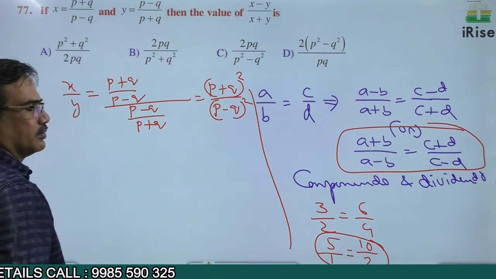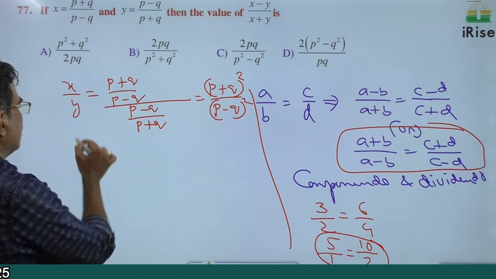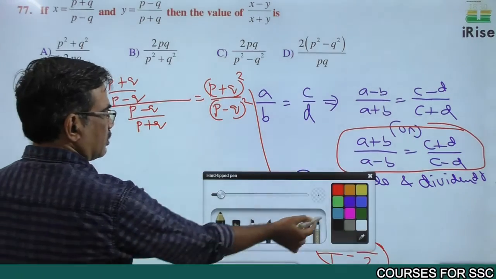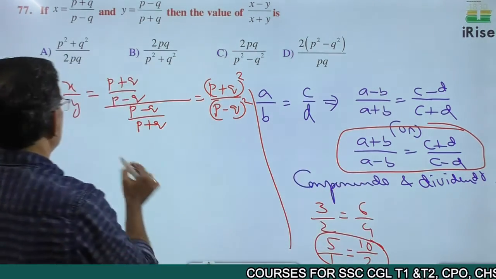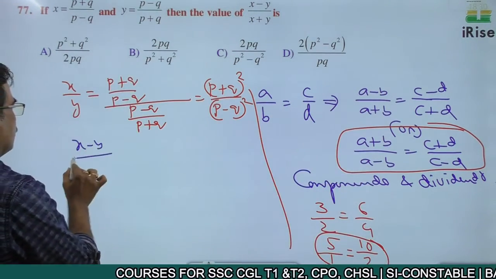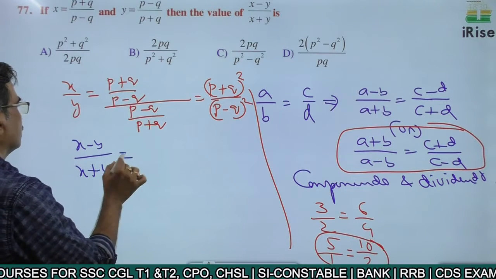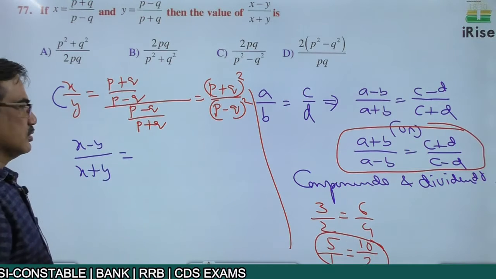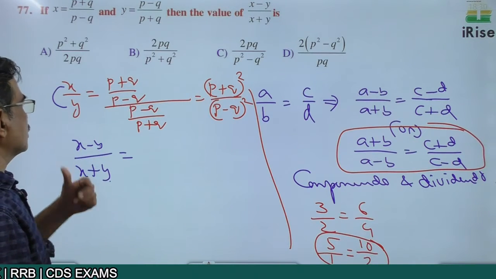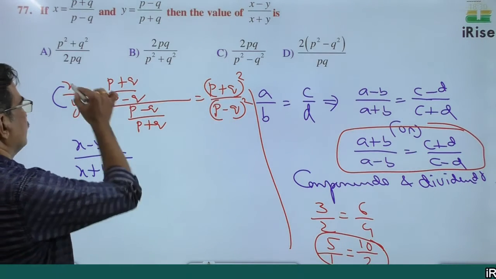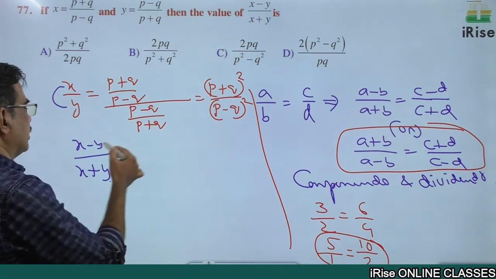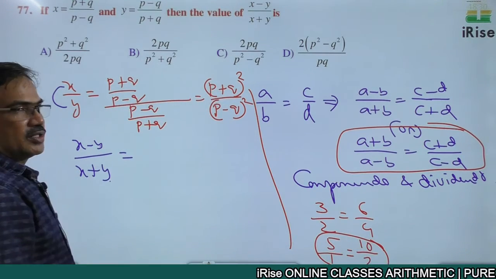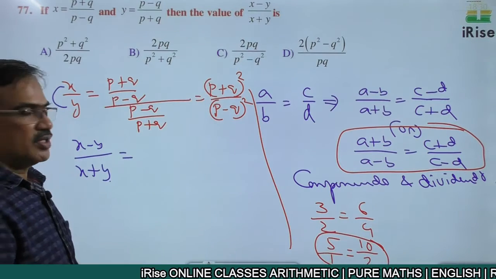This is x by y. If x by y is equal to this one, then what is (x minus y) by (x plus y)? This minus this by this plus this. First x minus y, next x plus y. Same. If a by b is equal to c by d, then (a minus b) by (a plus b) is equal to (c minus d) by (c plus d).